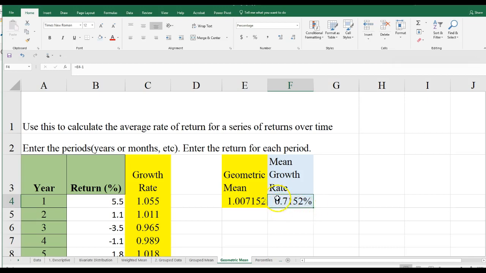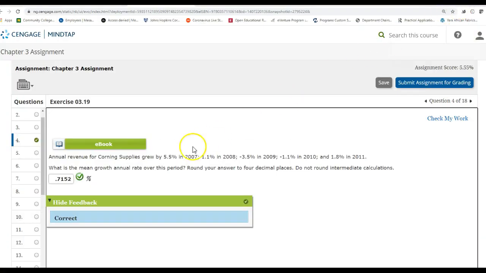So it's 0.7152% is the answer. And if we go back to the problem and check our answer, that is in fact the correct answer.